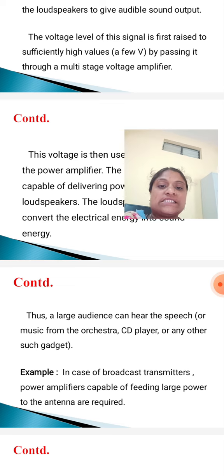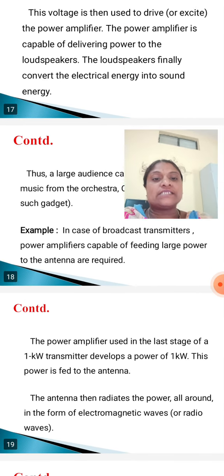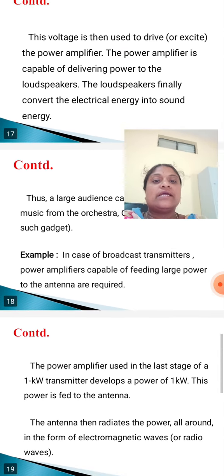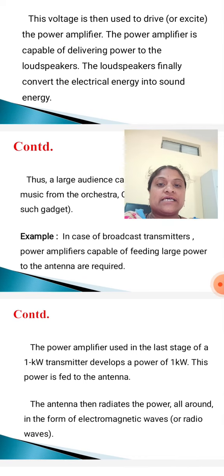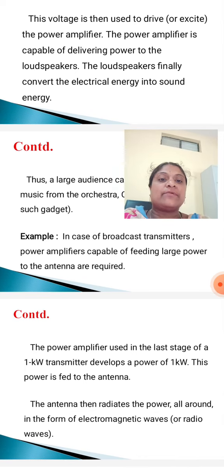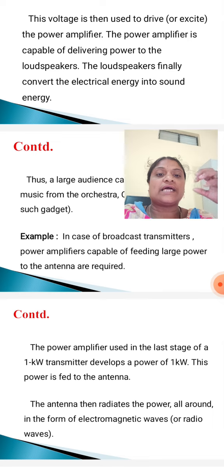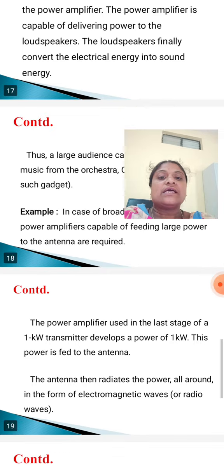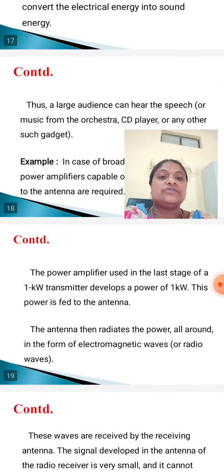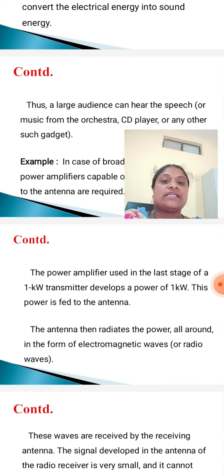For example, in case of broadcast transmitters, power amplifiers capable of feeding large power to the antenna are required. The power amplifier used in the last stage of a 1 kilowatt transmitter develops a power of 1 kilowatt.